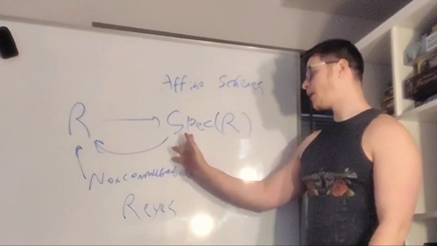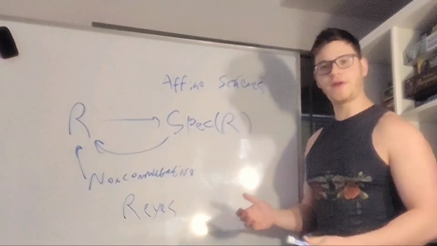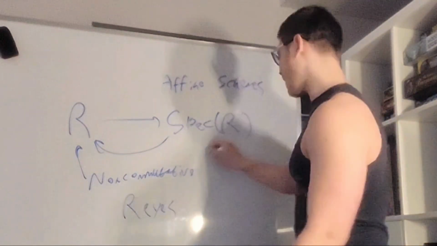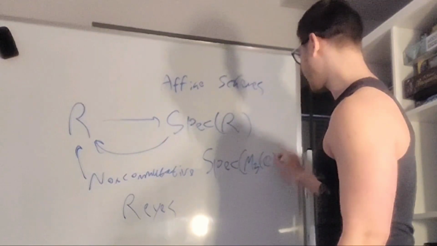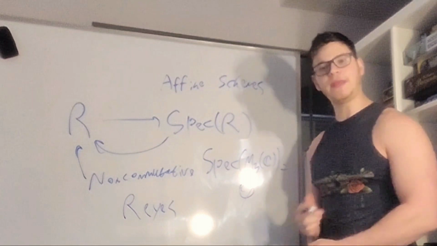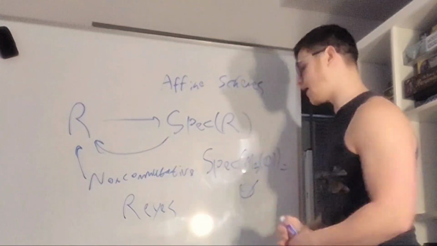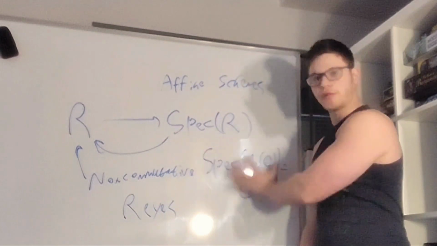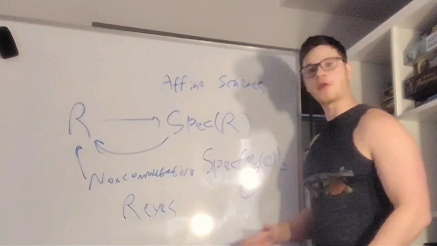If you try to generalize this Spec in a way that agrees with how it works on commutative rings, then if you take the spectrum of, for example, 3x3 matrices over C, this is going to be the empty set, which doesn't make sense. There should be points in this. So any way you try, this is going to happen.